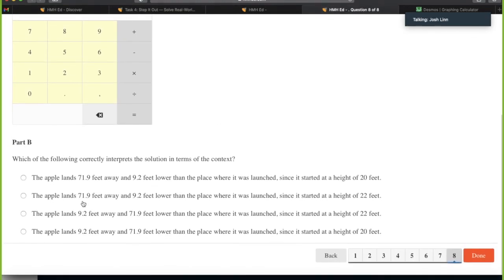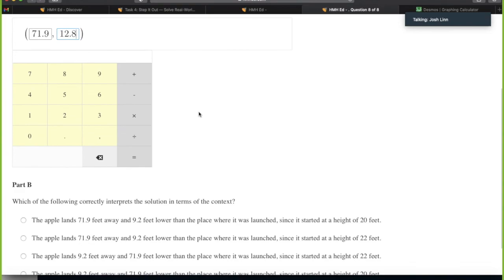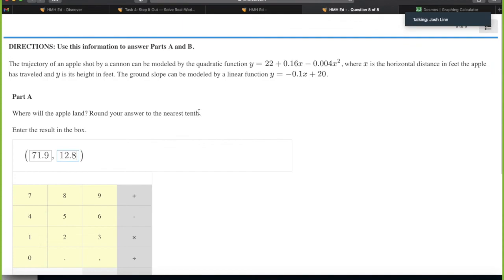And so the apple lands 71.9 feet away horizontally, because that's our x value.